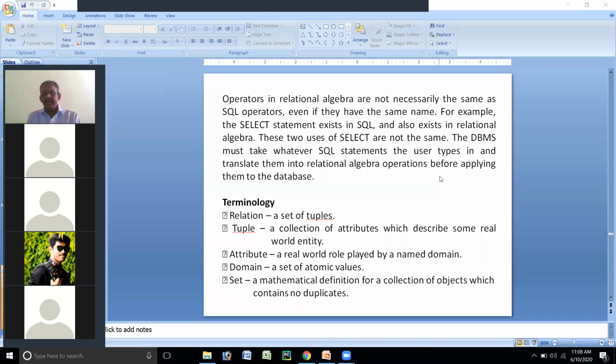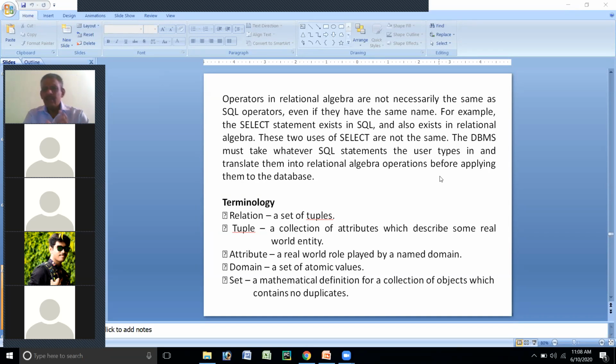In relational algebra we have some operators, and in structured query language we have some operators. Even though in both cases the names of the operators are the same, their operations are different. Is this point clear? This point is clear.